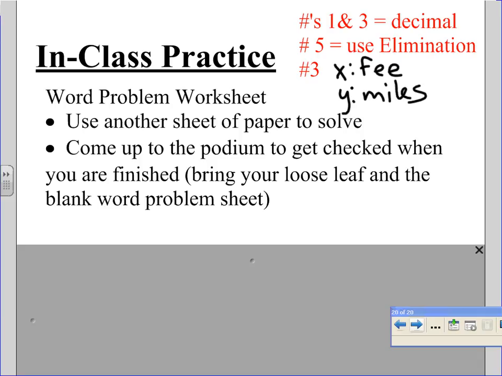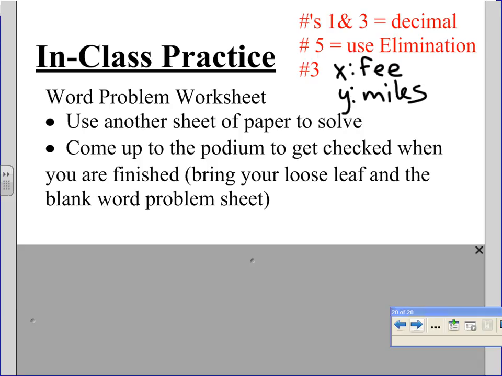When you get the paper I'm passing back, do not write on it. Do not write on it.